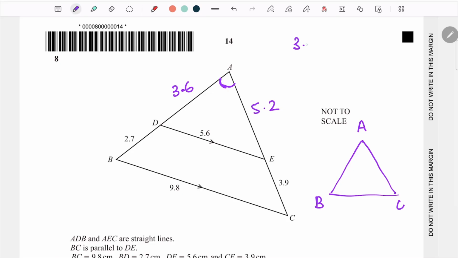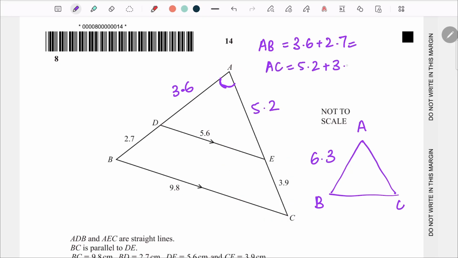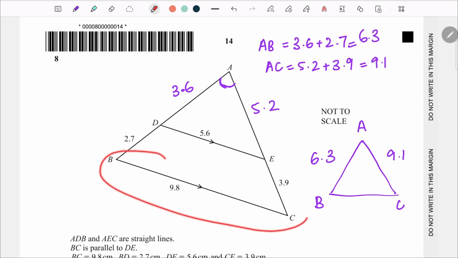So 3.6 plus 2.7, this is going to be equal to 6.3. Then this length, that is AC, will basically be equal to 5.2 plus 3.9, and that is equal to 9.1. So I'm going to write 9.1 right here, and BC is already given to us, that is equal to 9.8.